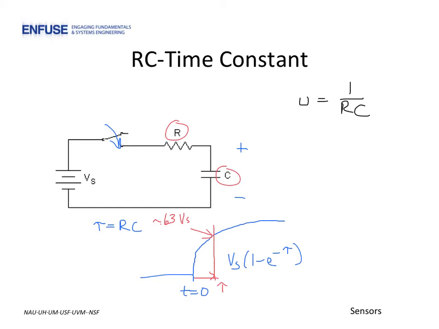So if the input to the circuit were, instead of this DC, a sinusoid of a particular frequency, one will get a different output voltage magnitude depending on what the values of R and C are.